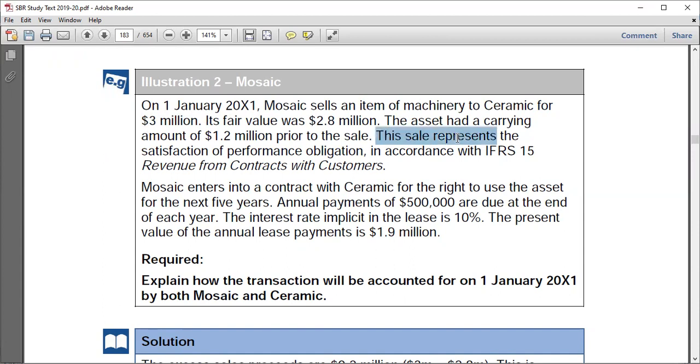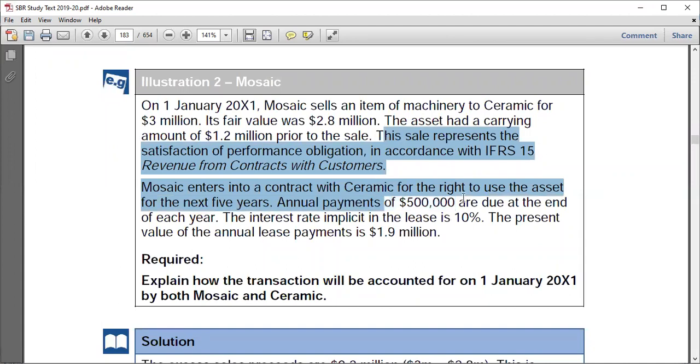Then they say that this sale represents the satisfaction of a performance obligation, so the transaction is a sale, no issue. Mosaic enters into a contract with Ceramic for the right to use the asset for the next 5 years to take back the asset. Payments are the same 500,000 as before, due at the end of each year. Interest rate is 10%, just as usual, and the present value of annual lease payments is 1.9. This question is exactly the same as the previous one, except that the 3 million, which was the sale value, now is not at fair value.